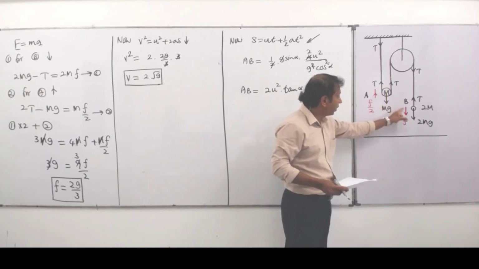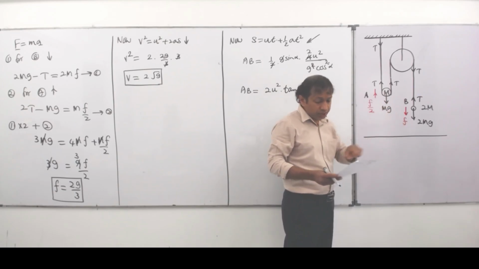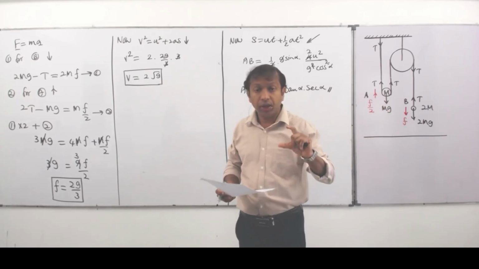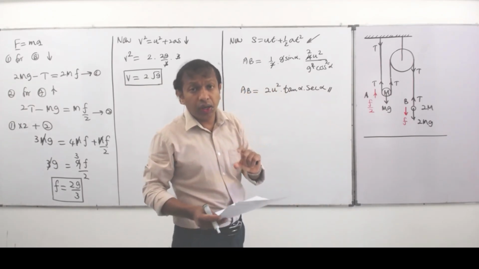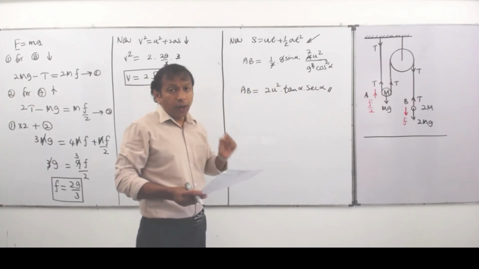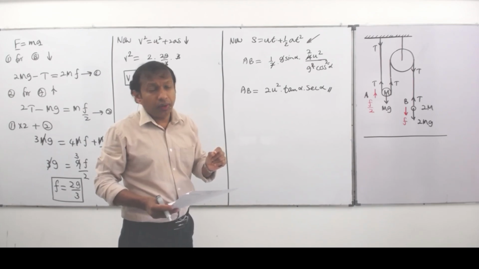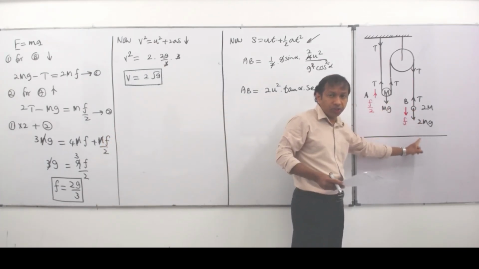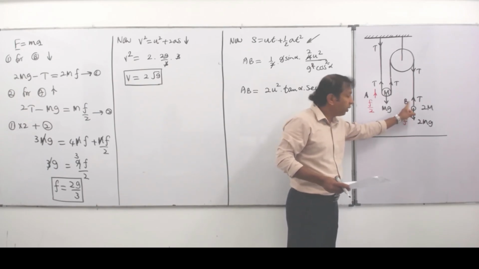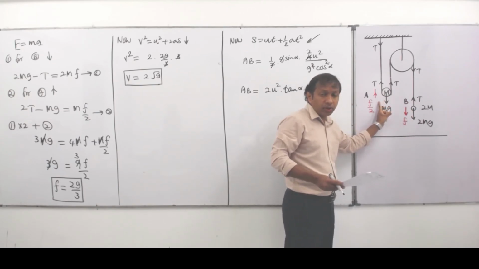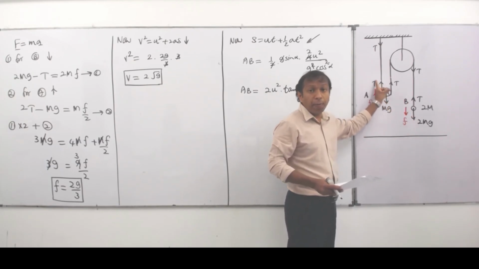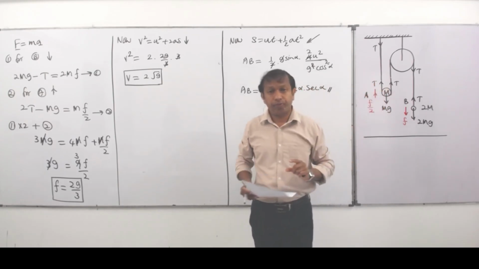That is why they are not on the same level. Initially, according to the diagram, people, you can see both the particles A and B at the same level, height 3 meters above the ground. Now I am going to find, once this B hits the ground, it has moved 3 meters now. Then from the initial level, 3 meters above the ground, by the time particle B hits the ground, A has moved up 3 by 2 meters.